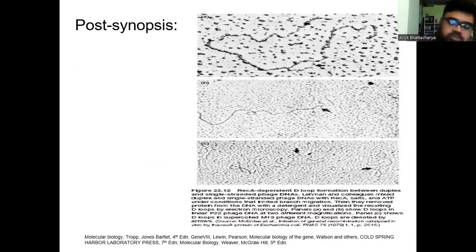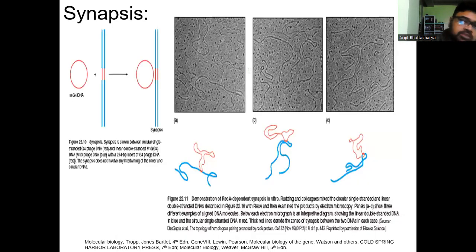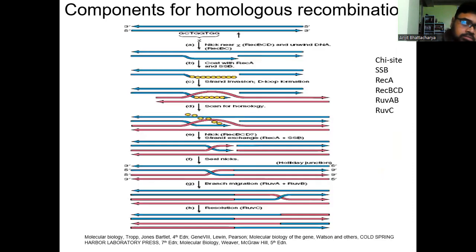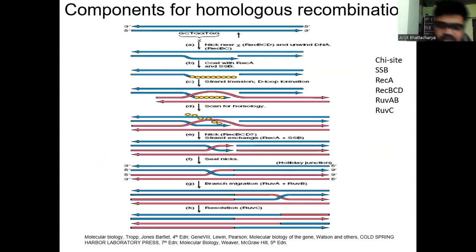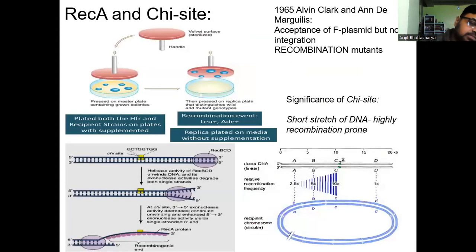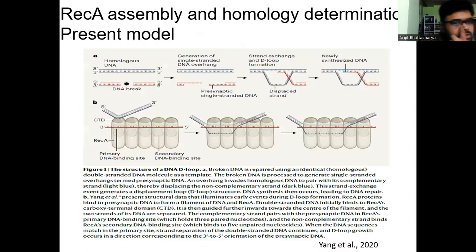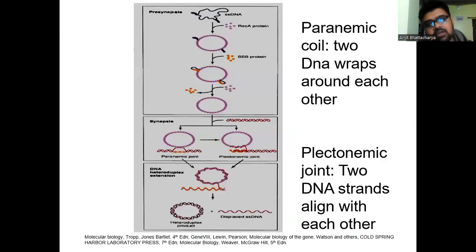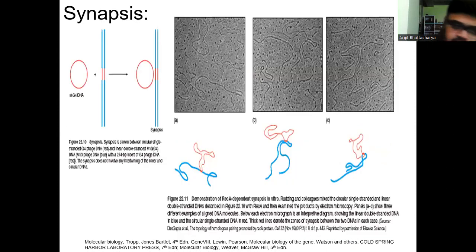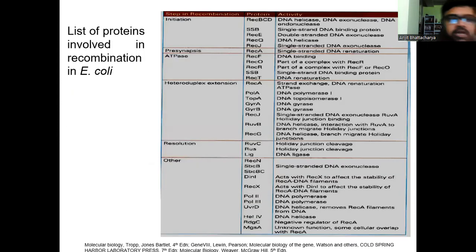So all of these observations actually supported the basic model of recombination mediated by RecBCD, RecA, then SSB, then RuvABC. So the function of all of those proteins cumulatively could be experimentally established. For bacteria, there is a list of all the components involved in this whole process.